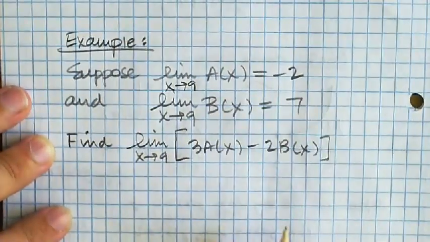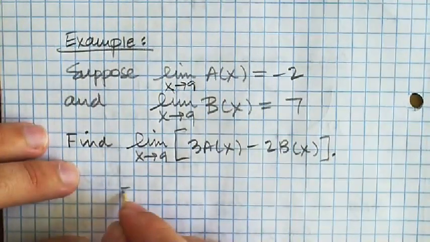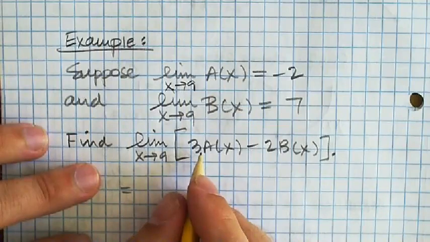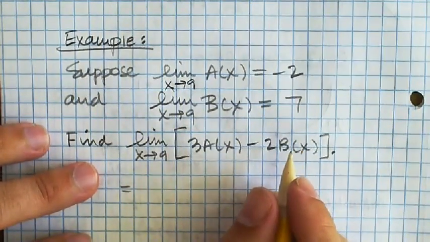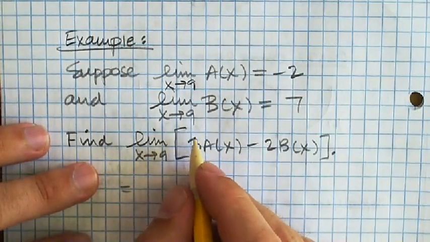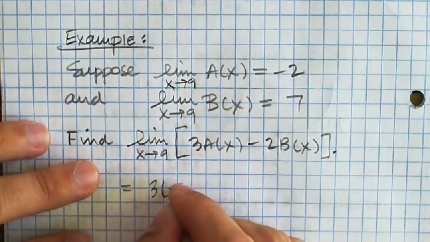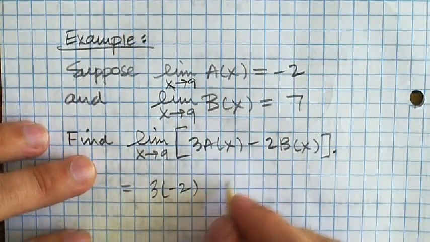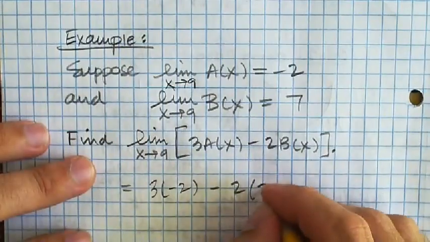I just made those numbers up. Okay, and well, that would be 3 times the limit of a minus 2 times the limit of b, because of the linearity of limits. Okay, so really what this is going to be is 3 times -2, minus 2 times b is going to 7.